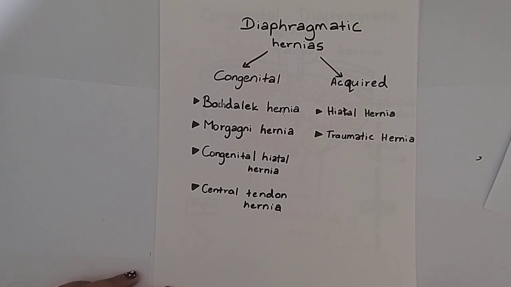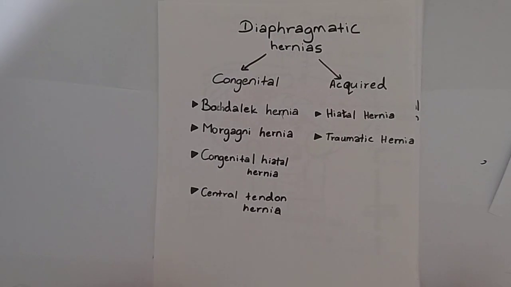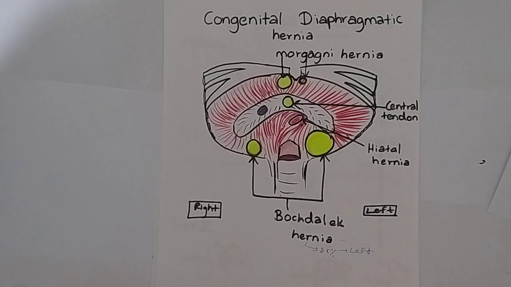Bochdalek, Morgagni, and congenital hiatal hernias are the main ones, and central tendon is also there, but those three are the main. Acquired hernias are hiatal hernias and traumatic hernias. Actually, the naturally occurring one is hiatal hernias, and traumatic ones are the hernias occurring due to trauma to the diaphragm, right? Now we will see what the congenital diaphragmatic hernias are.